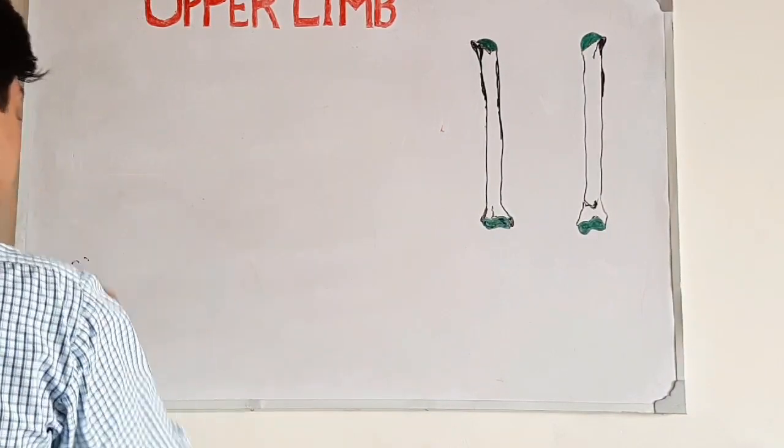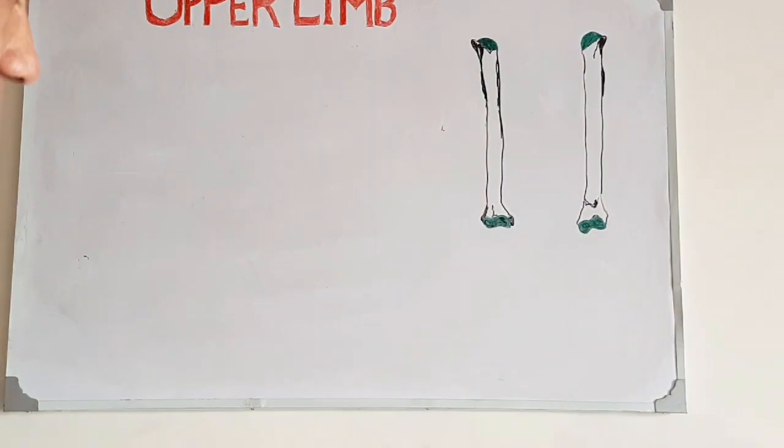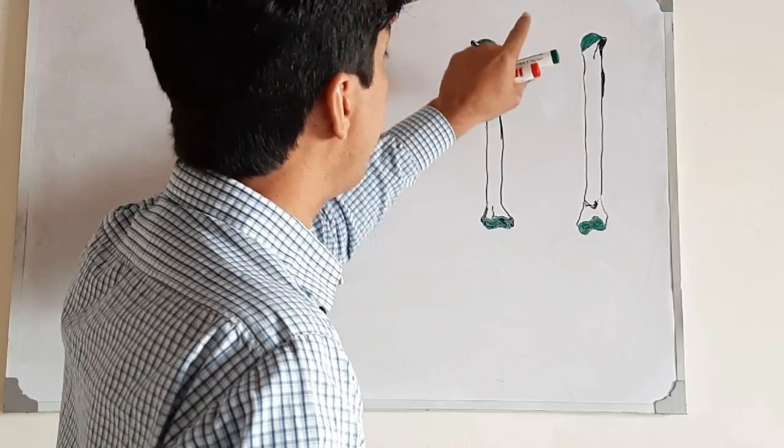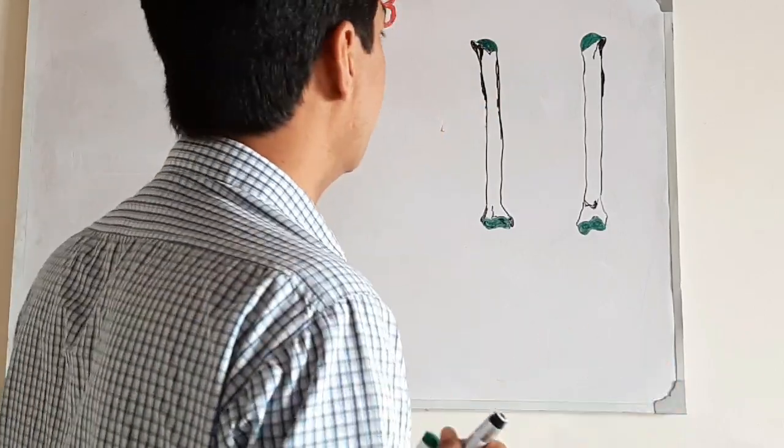there is a hemispherical head. It's not spherical, it's not a whole circle. It's just hemispherical, a half circle.